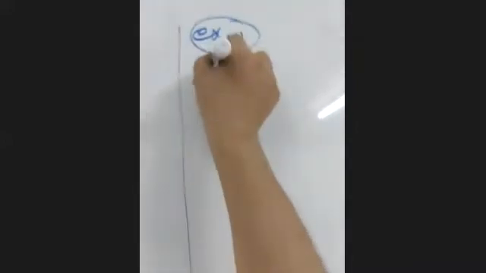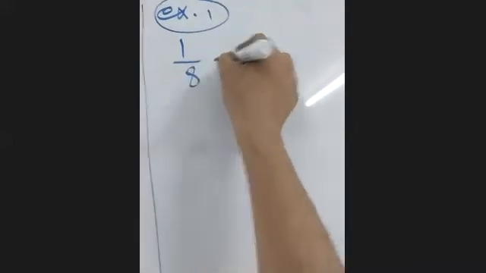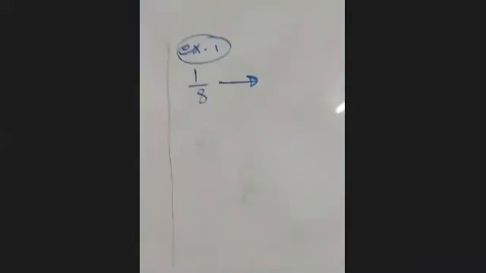Example 1, we are on page 155. Read the example. Find the reciprocals. Find the reciprocal of 1 over 8. You tell me, Rayan, what's the reciprocal of 1 over 8? 8 over 1.